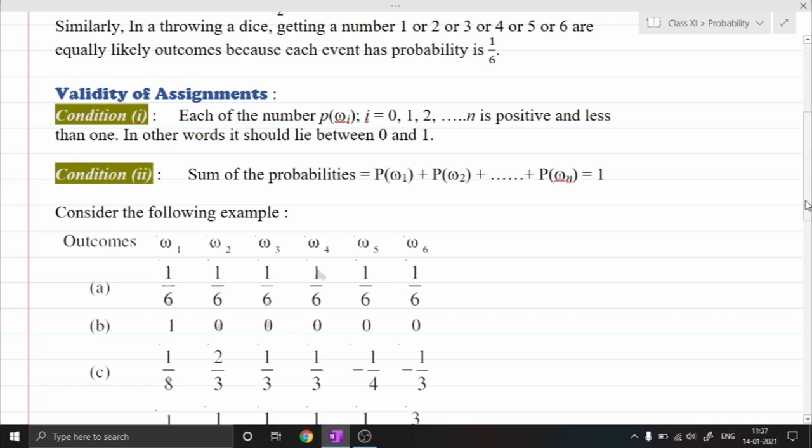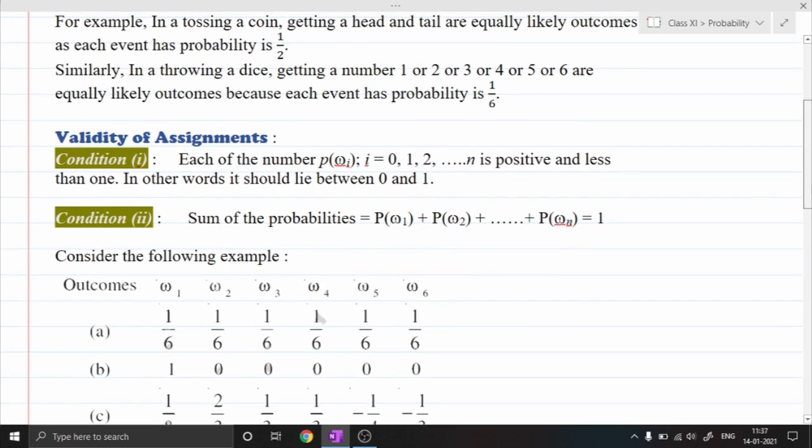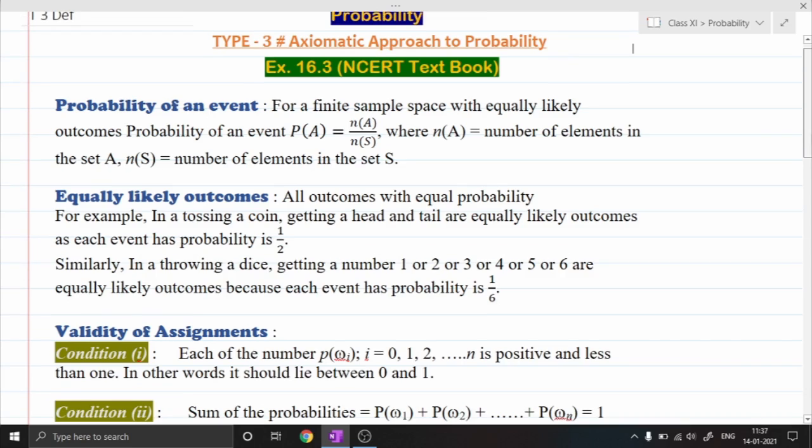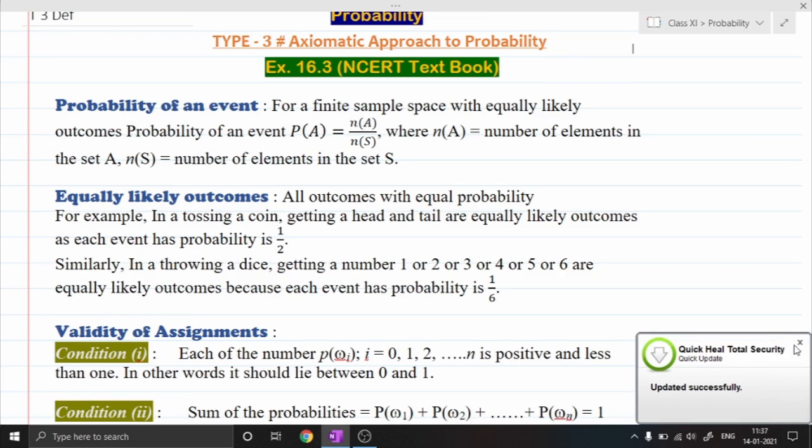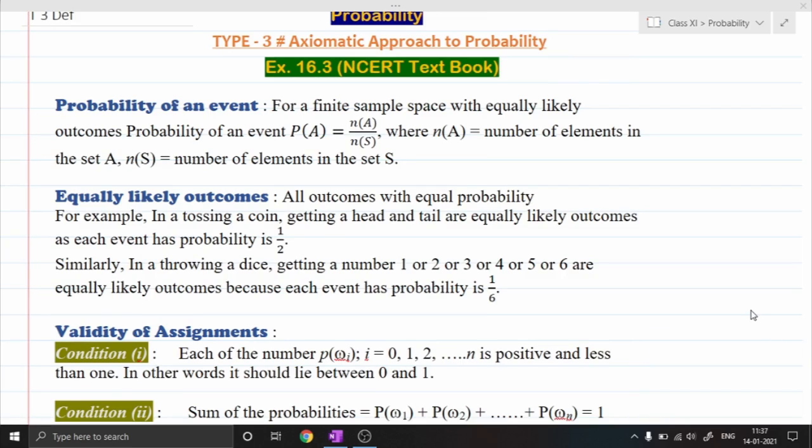I will explain these two conditions with one simple example before we go to the solved example. See, suppose I say you have to toss a coin. After tossing a coin, how many outcomes will come?